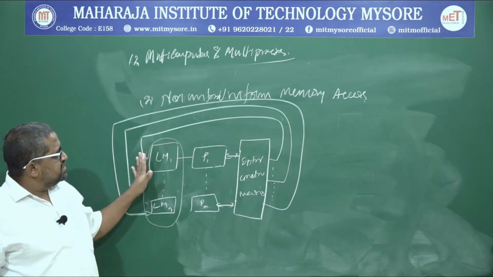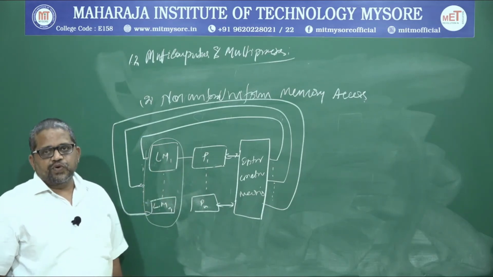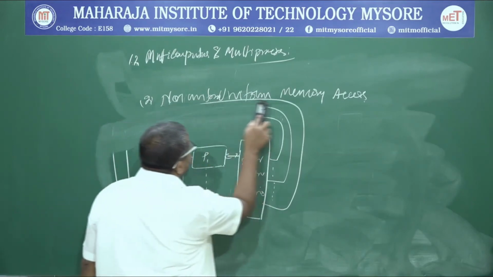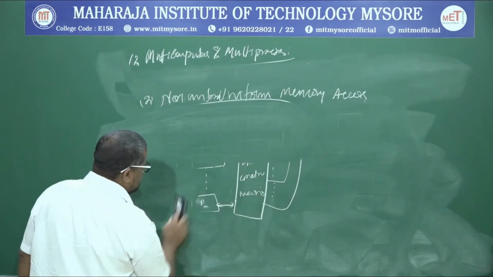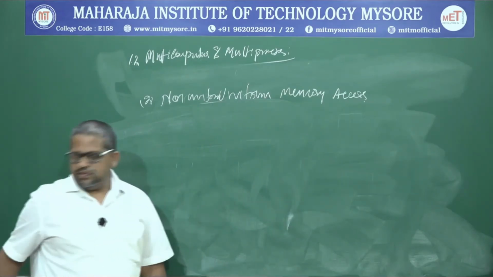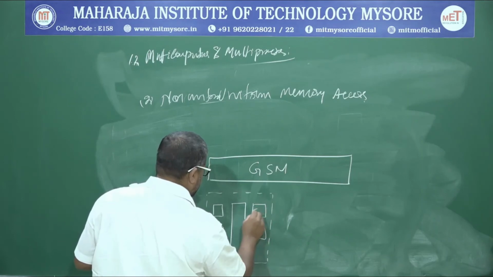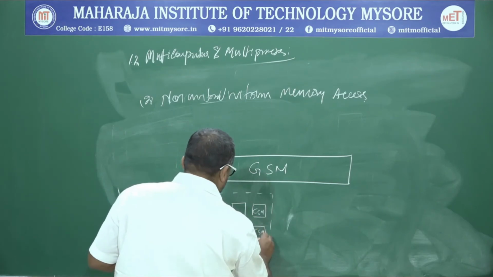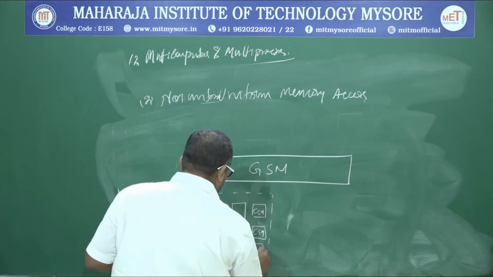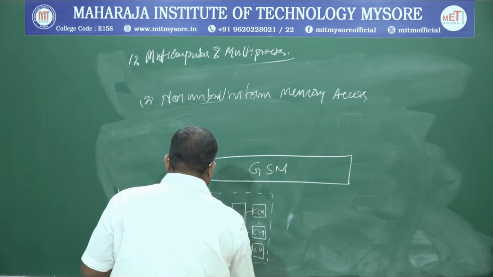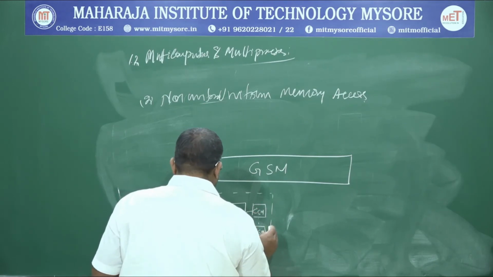Now, a small modification to this is nothing but a hierarchical approach. The hierarchical approach is going to be like this. This is going to be processor 1, processor 2, processor N. So, it is clusters.